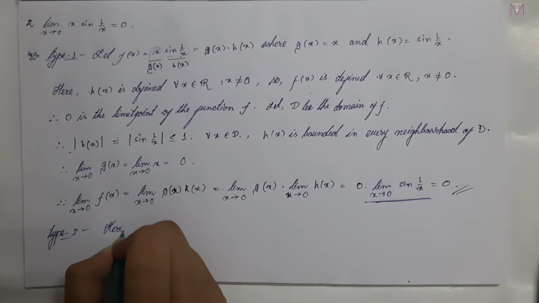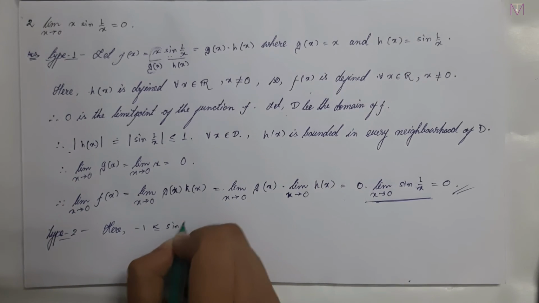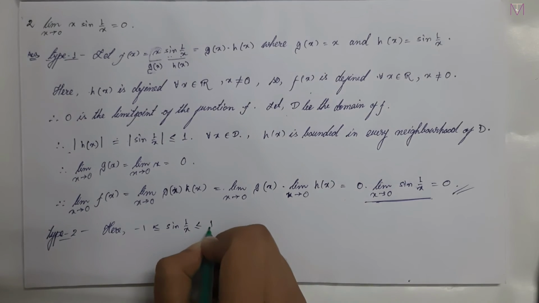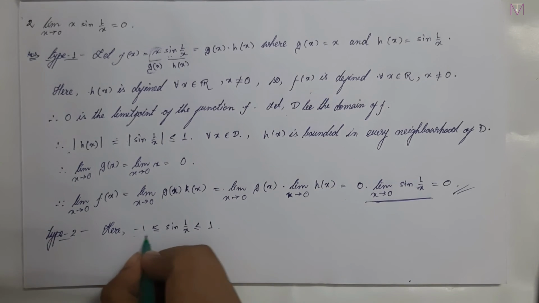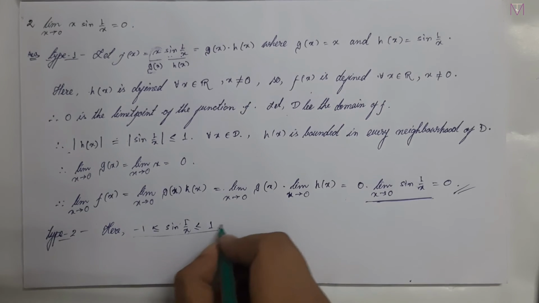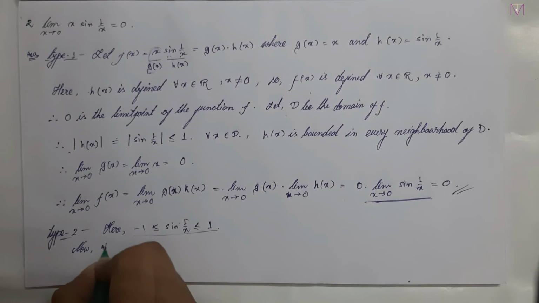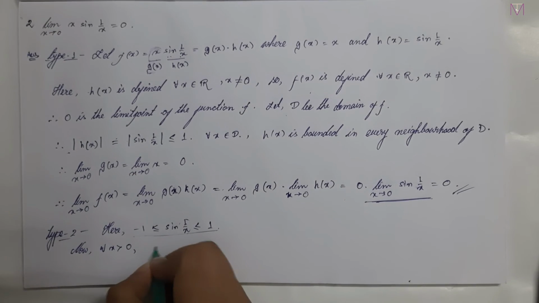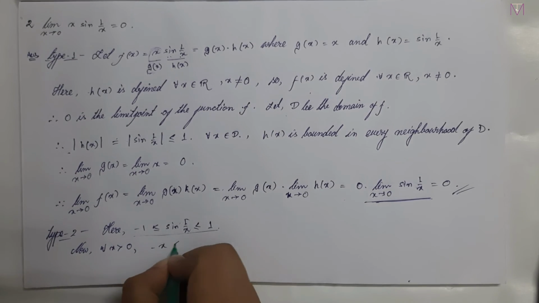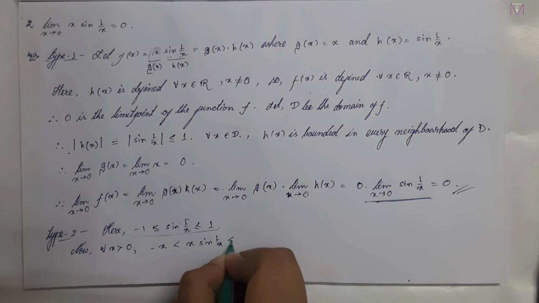Here minus 1 less or equal to sin 1 by x less or equal to 1. We can say for any type of theta, here theta is equal to x. Now for all x greater than 0, we can say minus x less than or equal to x sin 1 by x, less or equal to x.